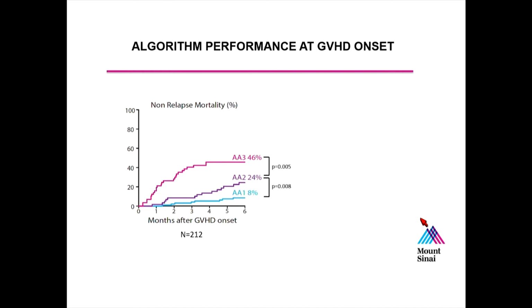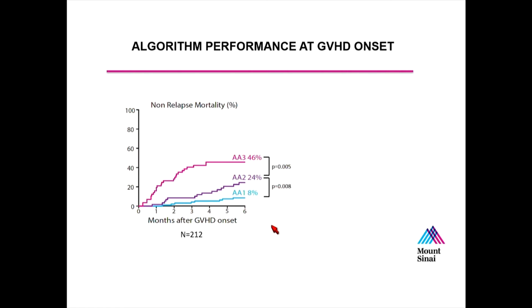So we took them, we measured the biomarkers, and we used now the 2 biomarker algorithm and used the thresholds that would give us the same mortality strata in the Ann Arbor group, and this is what we found. We can indeed separate using now 2 biomarkers. We can separate patients at the onset of GVHD into high, intermediate, and low risk for mortality.